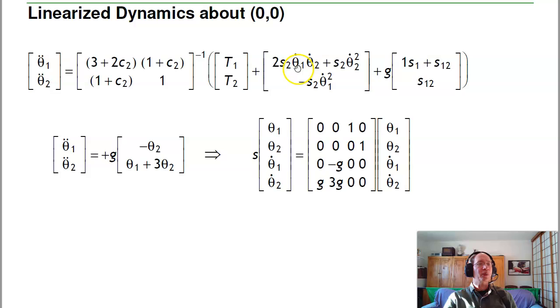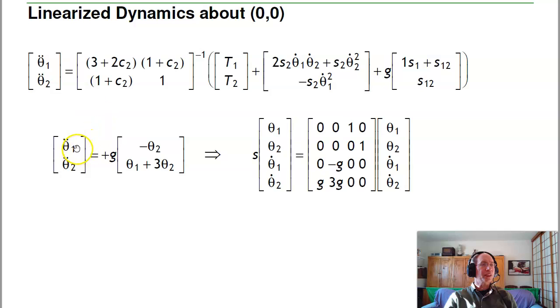Basically, if theta 1 is 0.01, then 0.01 times 0.01 times 0.01 becomes so small I can ignore it. All the higher order terms go away. Sine theta 1 becomes theta 1. Sine of theta 1 plus theta 2 becomes theta 1 plus theta 2, and so on.